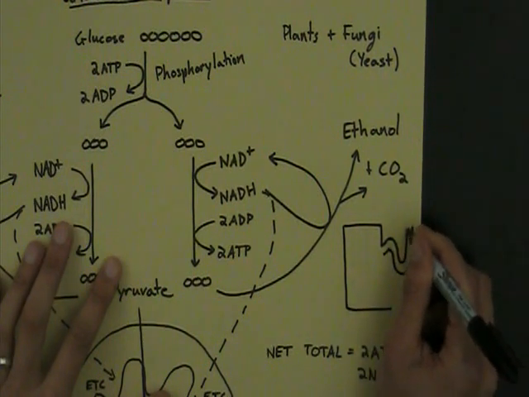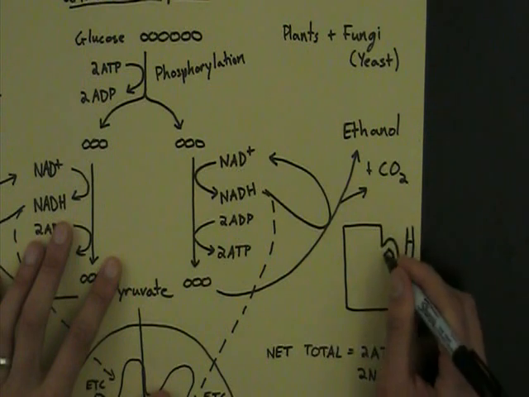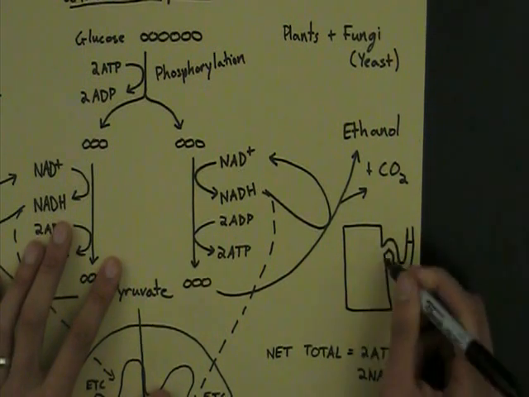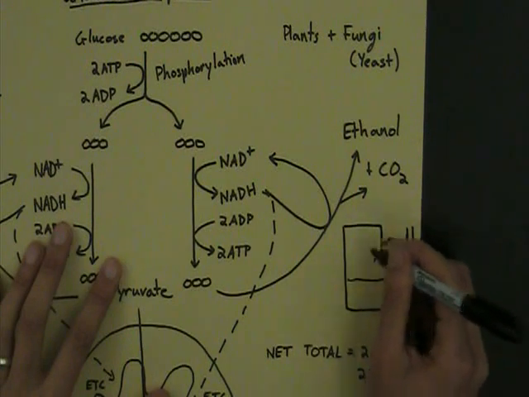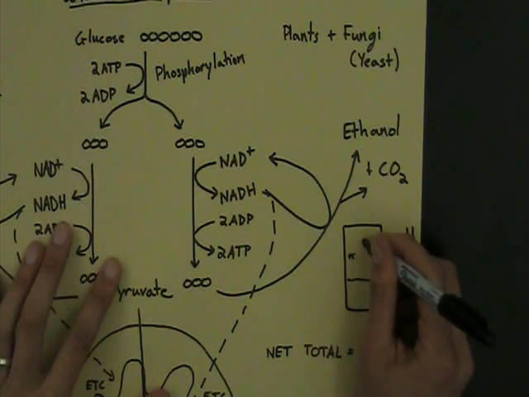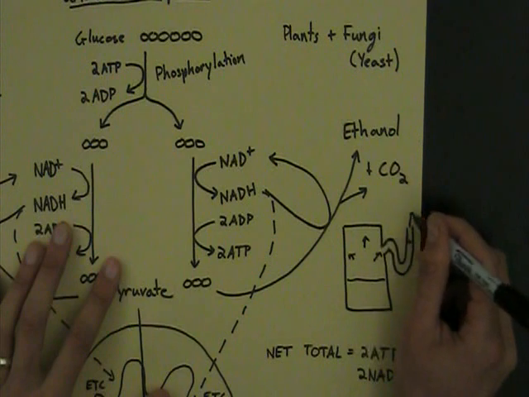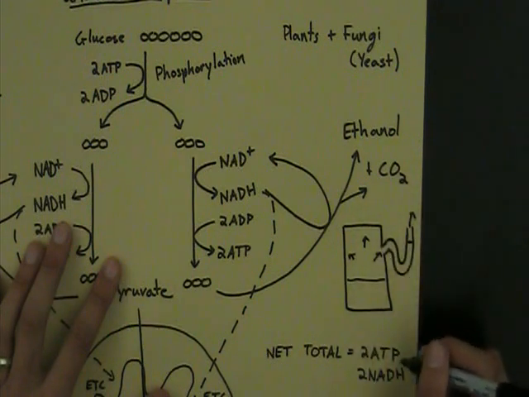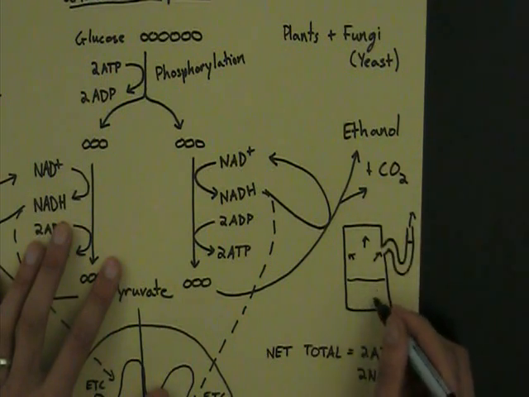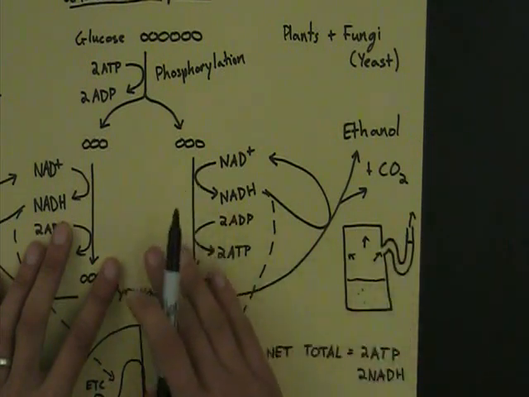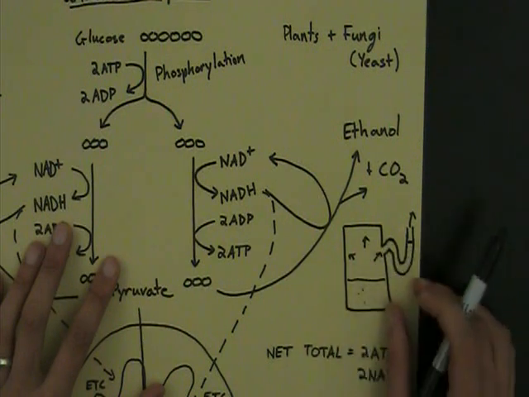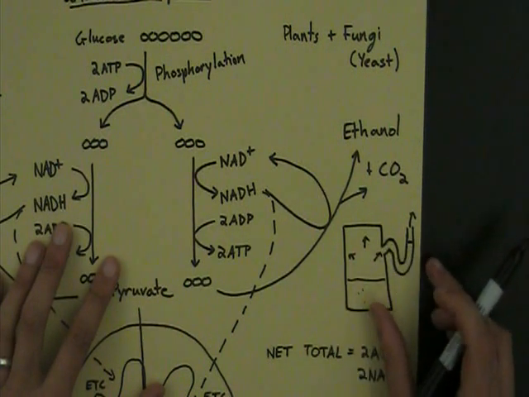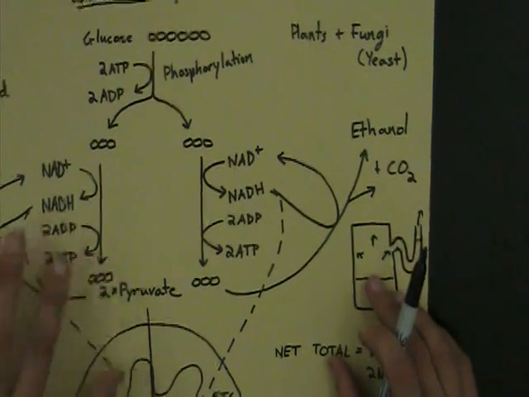So often there'll be some kind of valve set up so that as the pressure builds up inside here, as carbon dioxide is produced, the carbon dioxide can escape, but oxygen can't get in. If oxygen isn't able to get in, the yeast inside will not produce any ethanol. So when they're making alcoholic drinks, it's very important that they maintain anaerobic conditions.